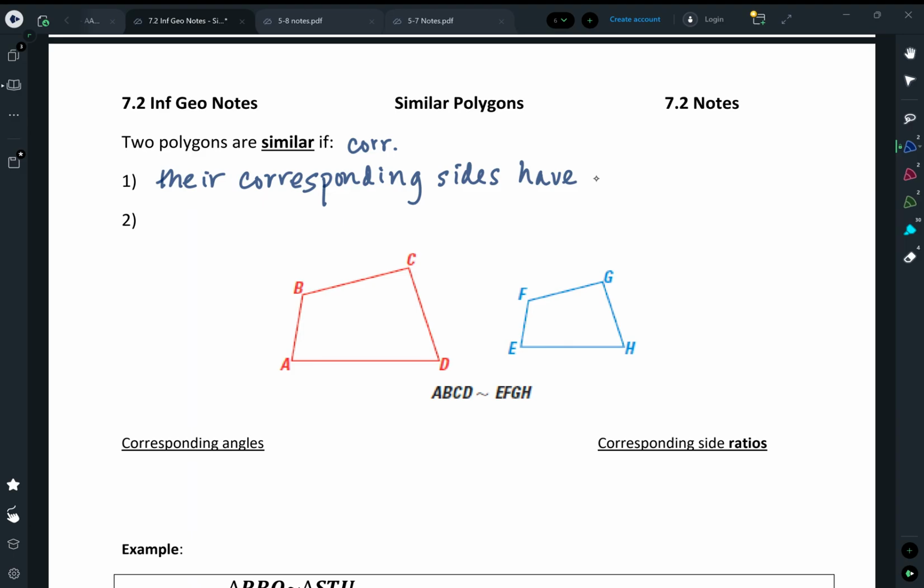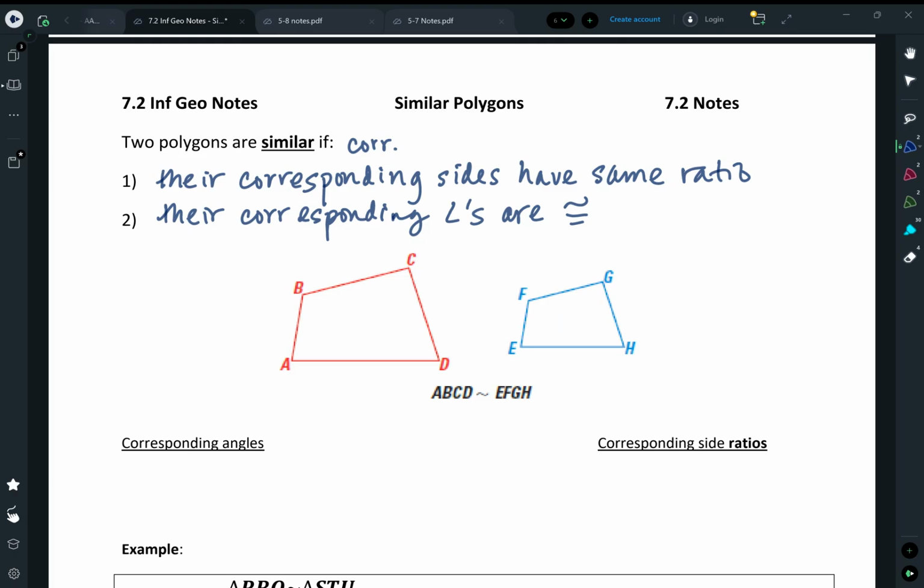So corresponding sides have the same ratio, and their corresponding angles are equal or congruent. So corresponding angles, the measures are equal, the angles are congruent. I guess it depends on how you word that.